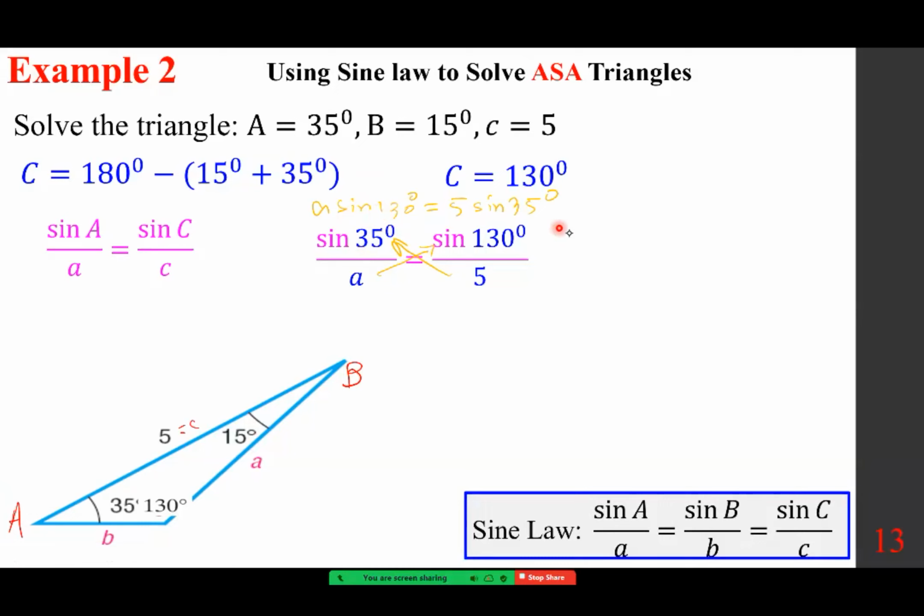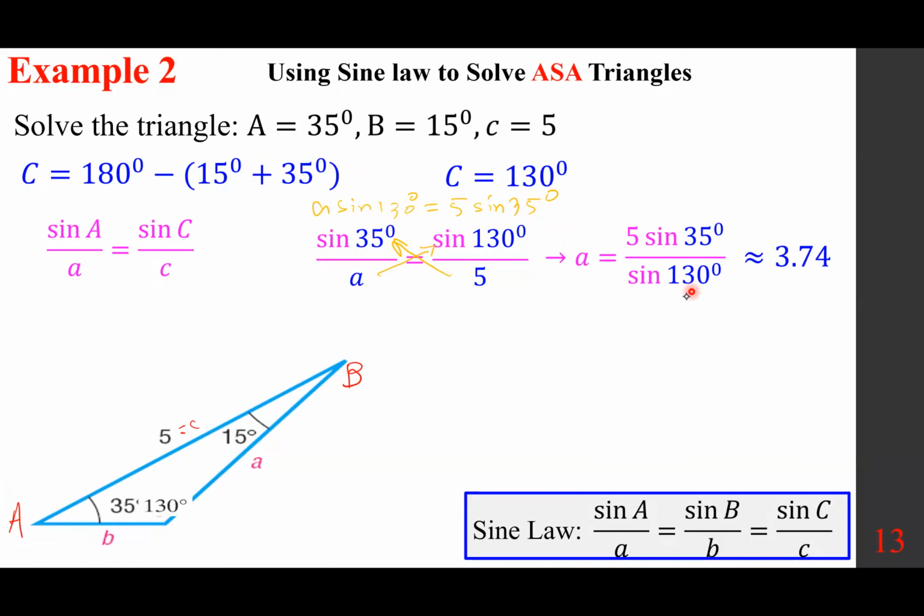Remember, sine of 130 is not missing. You can use a calculator. So divide by sine of 130 and use a calculator. So 5 sine 35 divided by sine 130 is the answer. And roughly 3.74.